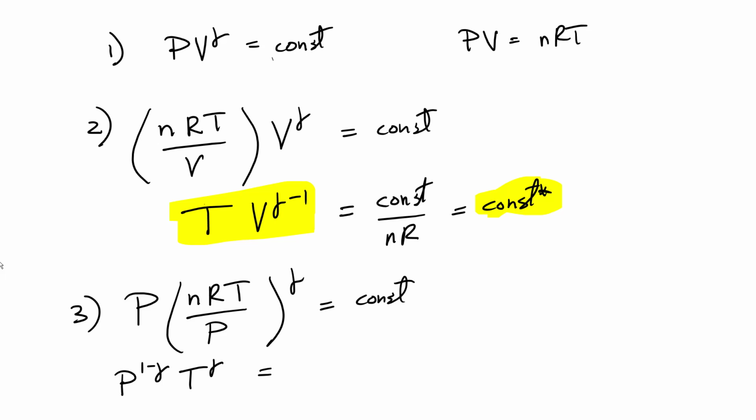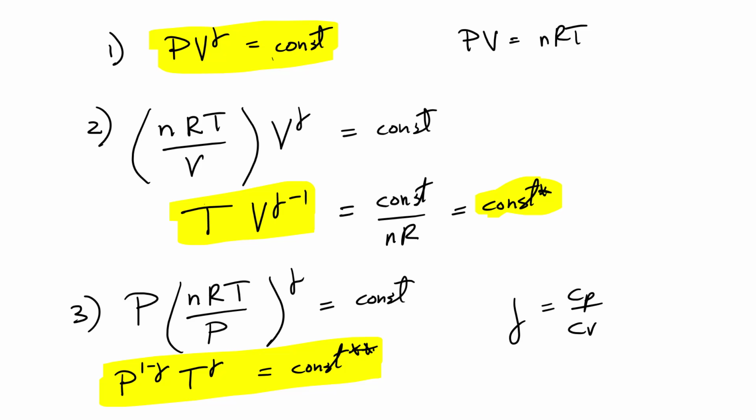And the rest here becomes some new constant, different from the previous one. This is constant 2 stars. So this is how you can write 3 different expressions for adiabatic processes involving the different variables and this new quantity that we called gamma, which is related to the specific heats at constant pressure and constant volume. The ratio of both of those is how you define that gamma value.